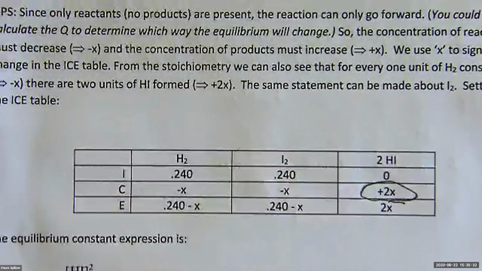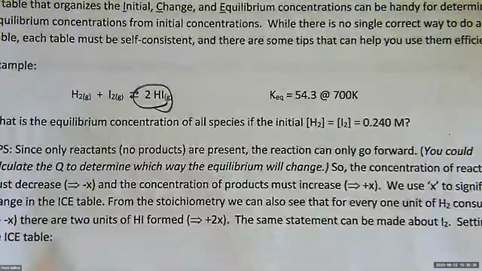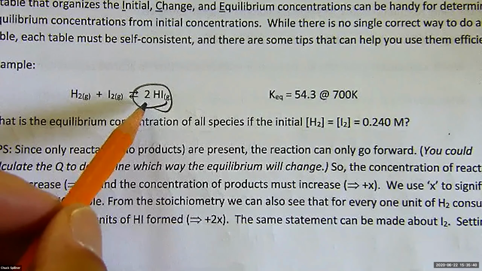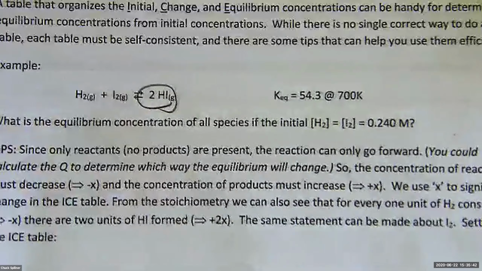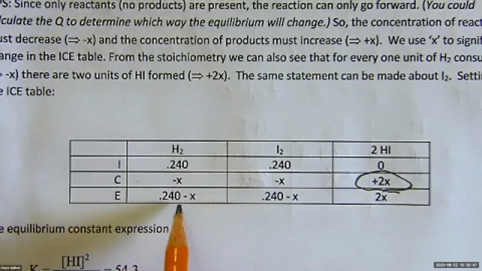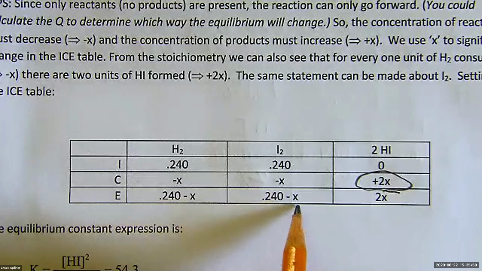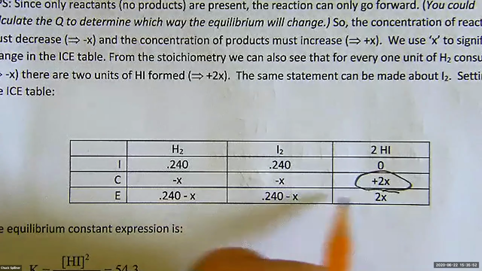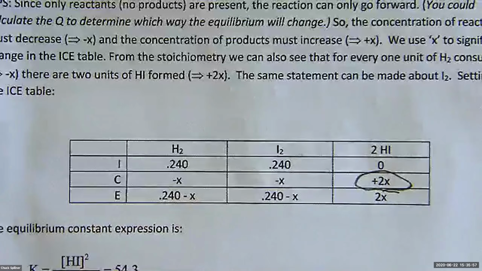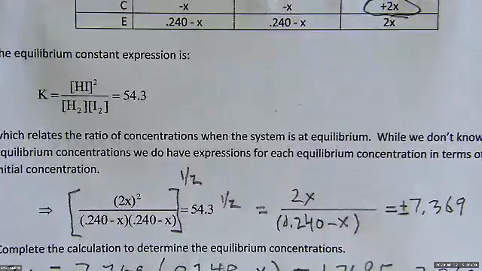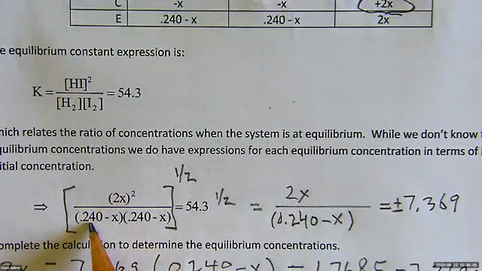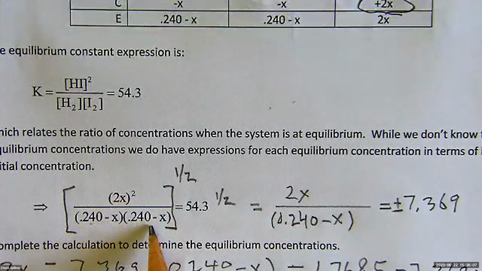When you have a coefficient in the balanced equation, that appears both in the equilibrium expression and in your ICE table, so you can't forget that. So we have 0.240 minus X, 0.240 minus X, and 2X for HI at equilibrium. We plug this into our equilibrium expression, and over here we get 2X squared over 0.240 minus X times 0.240 minus X.